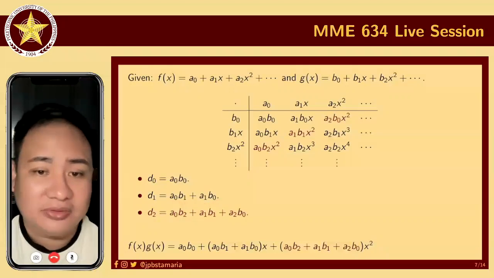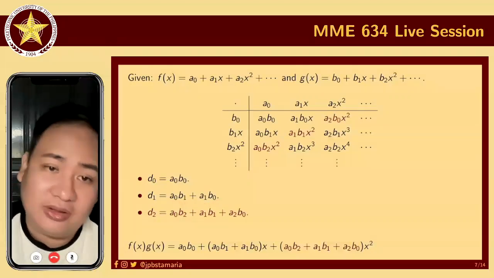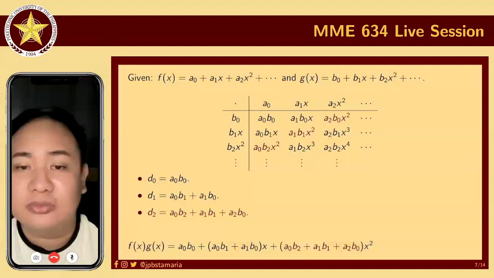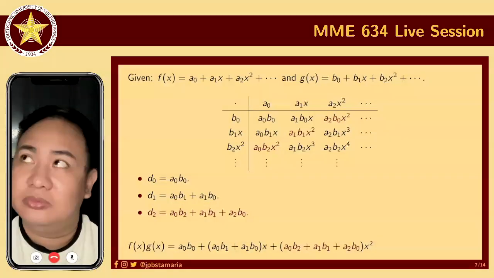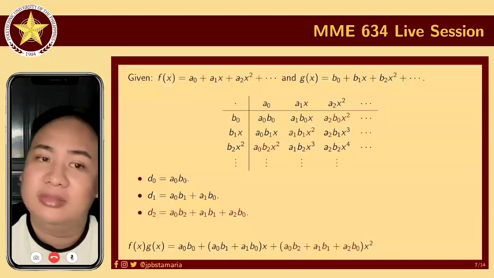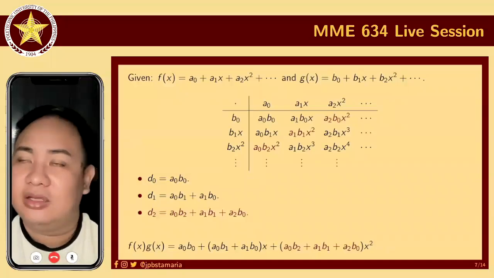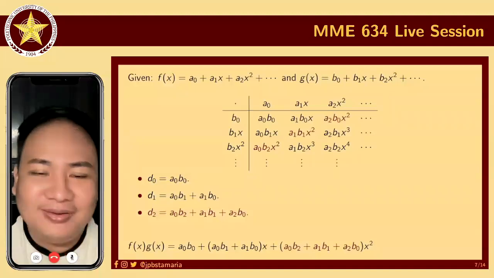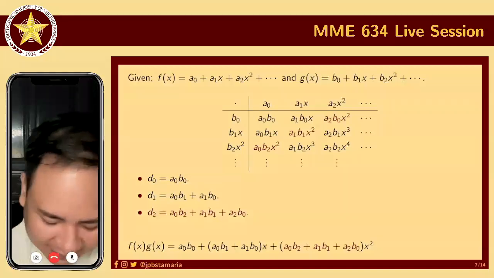Halimbawa, what are those? A0B3 sa D3, no?